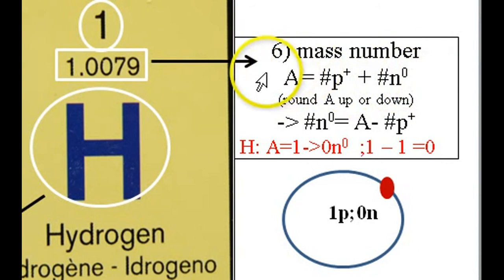From this equation, it tells you that N must be 0. So the hydrogen atom mostly has no neutron. However, there are a few hydrogen atoms out there that have 1 neutron. So they have 1 proton and 1 neutron.